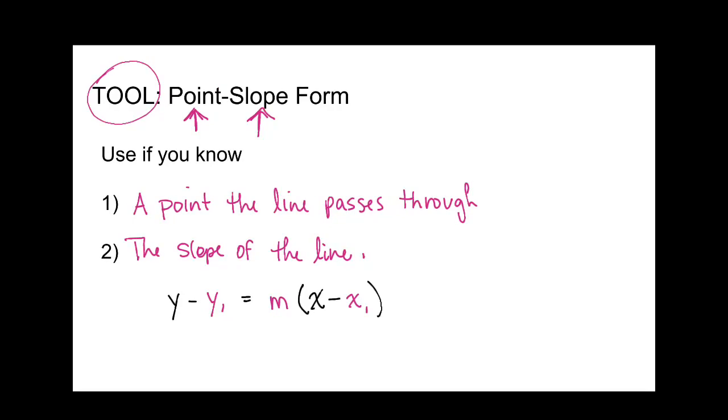So I want you to notice that I have colored in y1, m and x1, and m is the slope. So the slope of the line is m. A point the line passes through is (x1, y1).